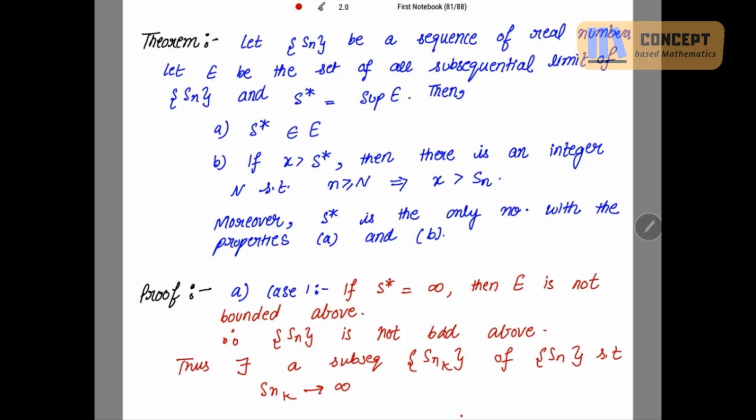Because the sequence is not bounded above, the subsequence is tending to infinity. Now this subsequence is converging to the element infinity. Whenever a subsequence of a sequence converges to any element, that element is a subsequential limit of the given sequence Sn. So infinity is a subsequential limit of Sn.